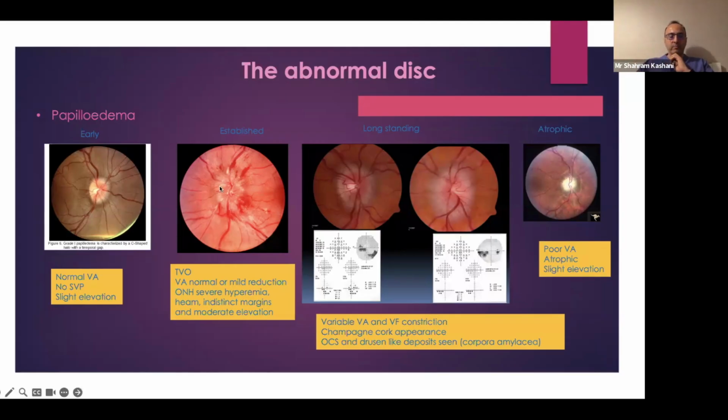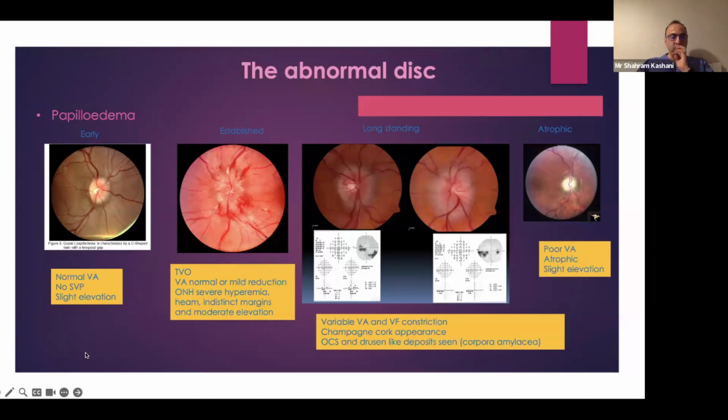In the acute part, you can see hemorrhages around the optic nerves. But when it's just slightly raised, it can be quite difficult, and I think a lot of people just panic and start sending patients at that point. But if you're worried, you've got to send them, especially if they've got headache and raised ICP symptoms and the nerve looks a little bit raised. Then you do need to look into that.